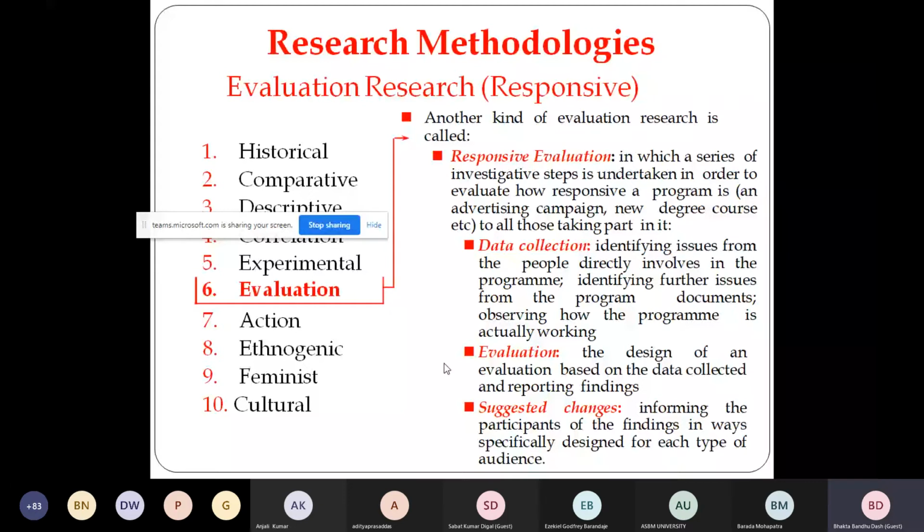In it you usually adopt a series of investigative stages to undertake the evaluation, starting from your data collection, your evaluation, and your suggested changes. When you are talking about data collection, you identify the issues from the people directly involved in the program, identify further issues from the program documents, and observe how the program is actually working.